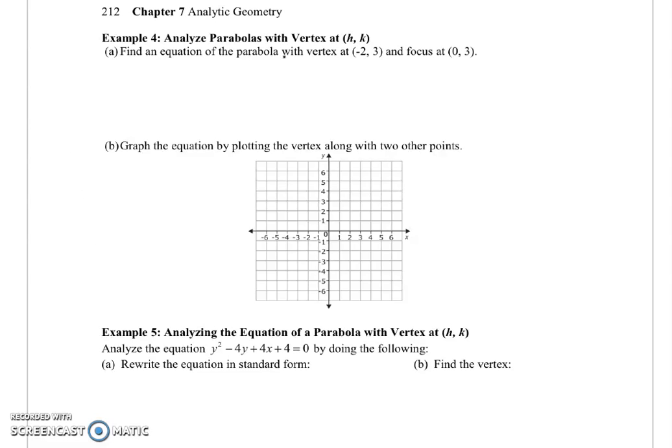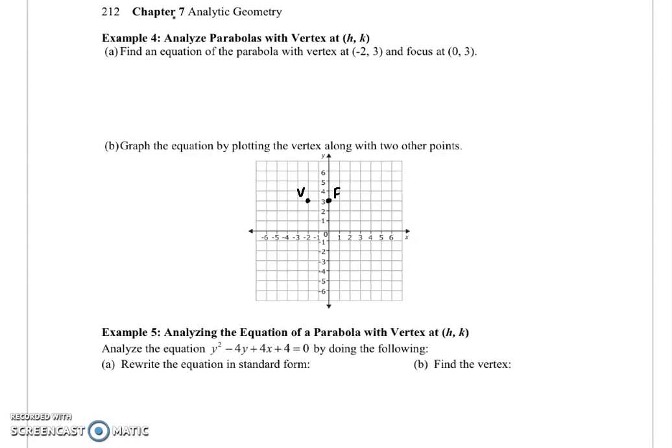So find an equation of the parabola with a vertex at -2, 3 and a focus at 0, 3. So let's put our vertex at -2, 3. There's our vertex. Our focus is at 0, 3, which is right here.